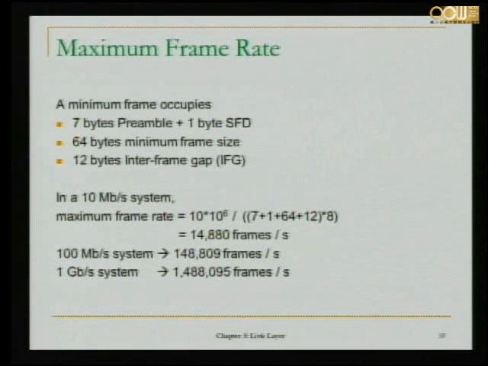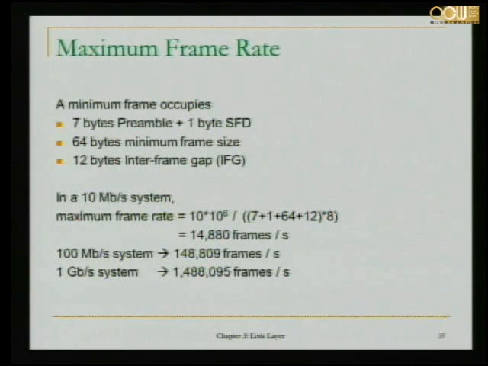A minimum frame would occupy this: you need 7 bytes preamble, as we have seen, and 1 byte for start of frame delimiter, and then you have 64 byte minimum frame size, and then you need a 12 byte interframe gap. That's the total, 84 bytes.